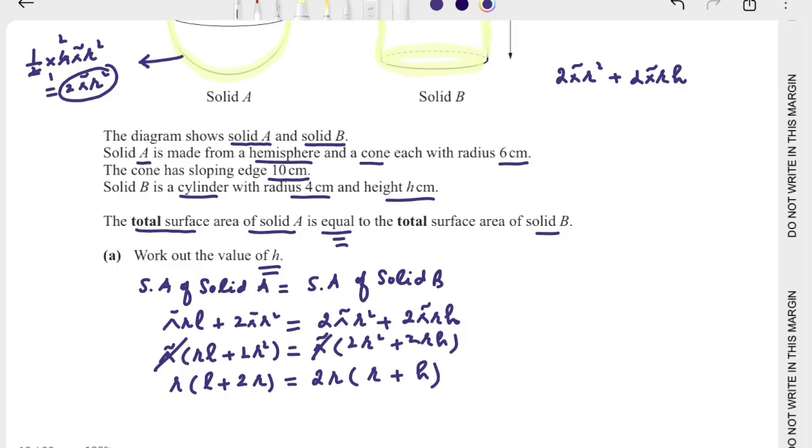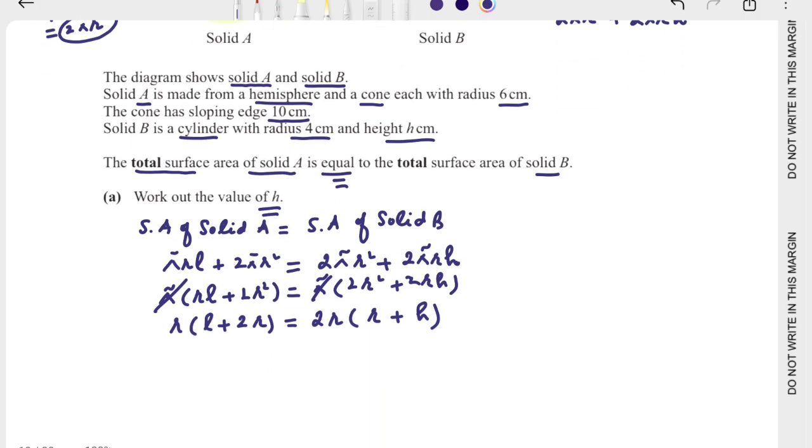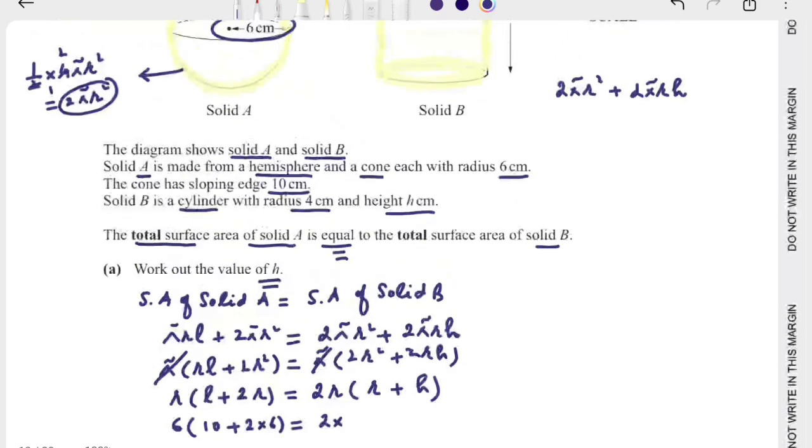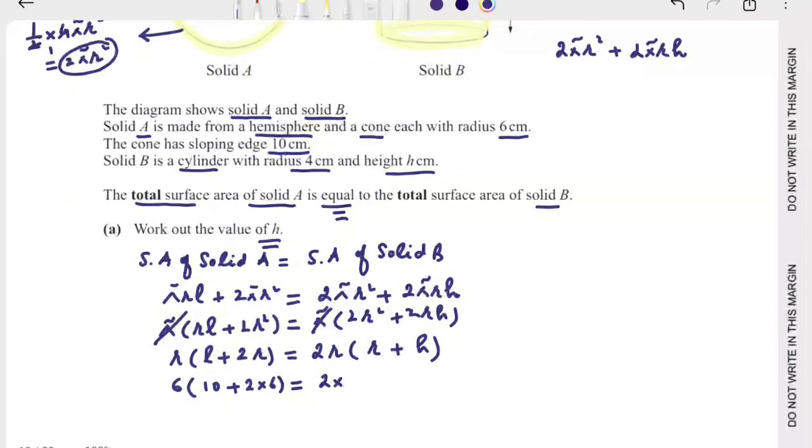Now substitute values. Radius of solid 1 is 6, into slant height is 10 plus 2 times 6 again is equal to 2 times radius of cylinder, which is 4, then again 4 plus h.